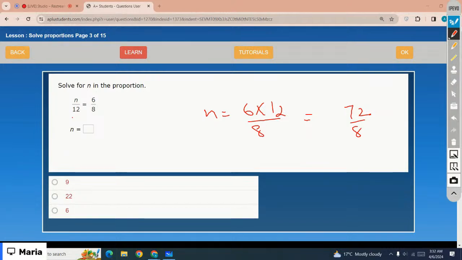So 8 times what number is 72? 9 it is, right? 8 times 9 is 72. The correct option is 9.